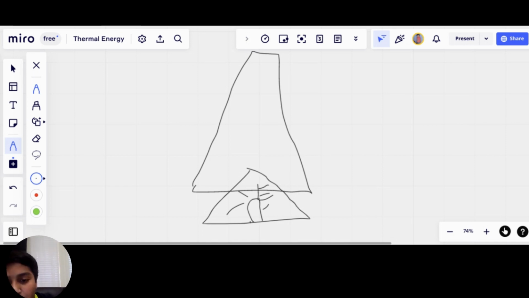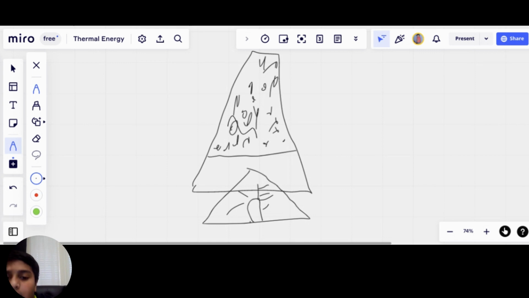Then we have the glitter, where the particles are flowing to the top and going to the bottom. So now using radiation, convection, and conduction, we're going to identify what this is.